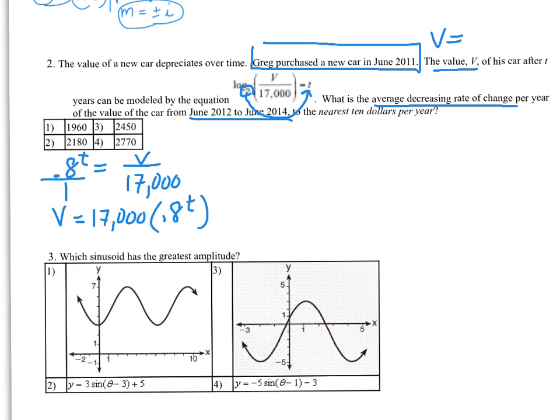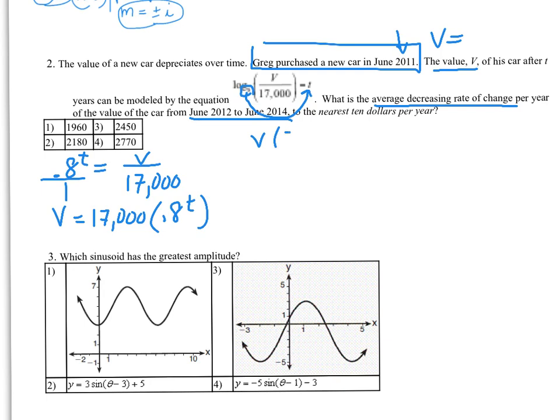Okay? Now, because they're asking for the average decreasing rate of change, that's the rate of change formula, which is your slope, change in y over change in x. y2 minus y1 over x2 minus x1, however you'd like to think about it. So basically, I need to find the value of the car in 2014, which is 3 years after he purchased it, right here in June 2011.